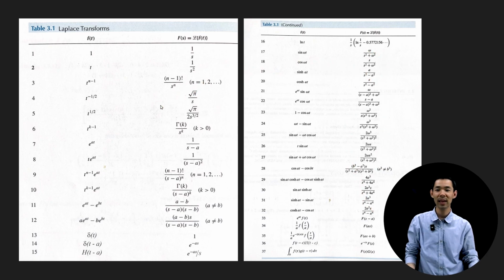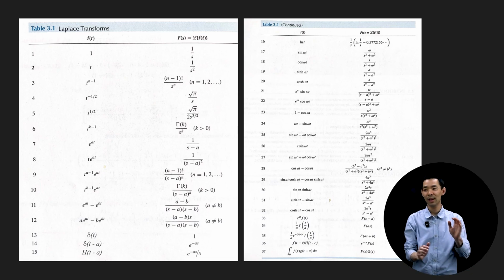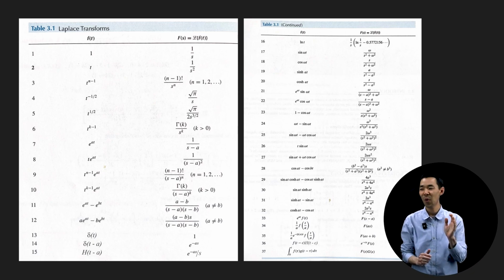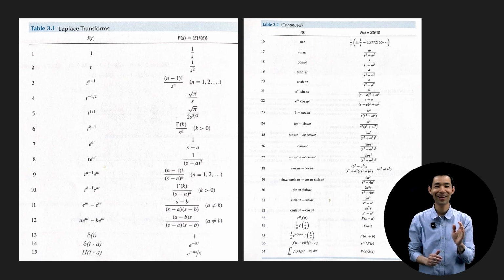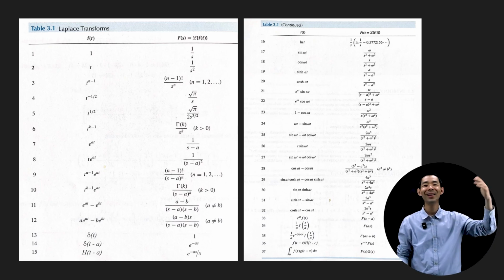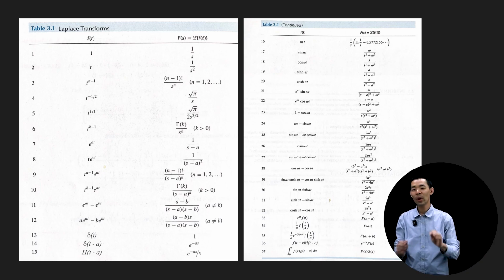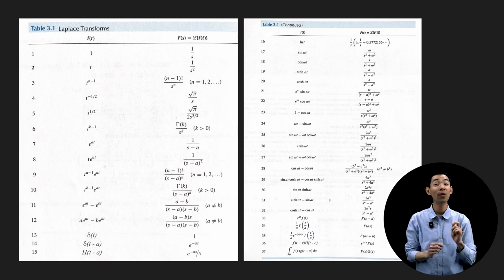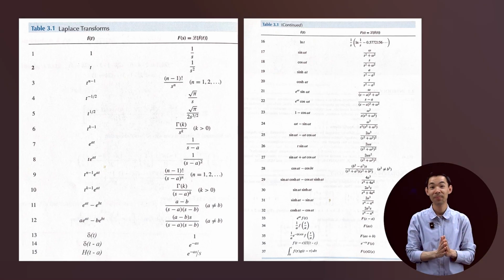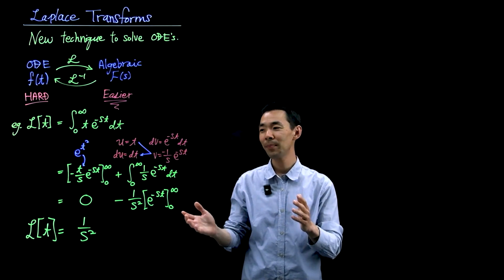Now, this table that I'm showing you here is going to be your friend for the entire duration while we're covering Laplace transforms. And hopefully, as you go on to solve important science and engineering problems, this Laplace table will be helpful for you as well. We're going to return to this table over and over again over the next couple of examples. But for now, let's return to the board.